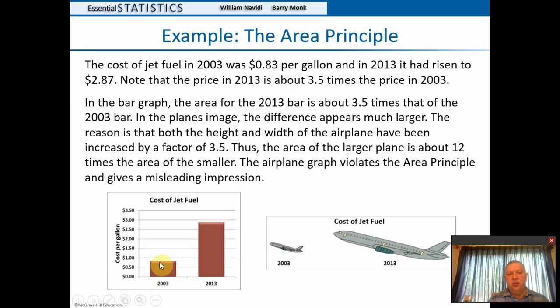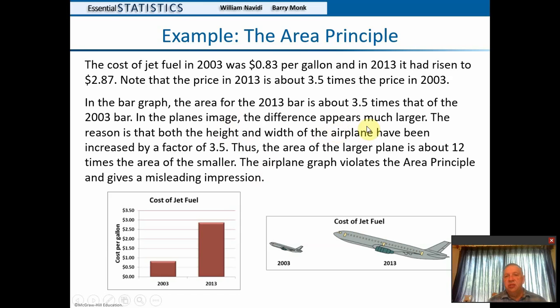We're starting at 0. There's this price, and 3.5 times it. Now in the bar graph, that's the area. So that bar is about 3.5 times. The width is the same. The height, if I stack this up, means 3.5 times. So the area is really increased by 3.5.